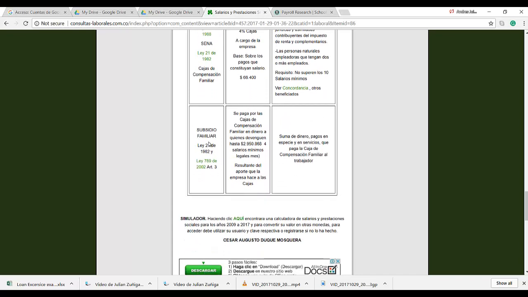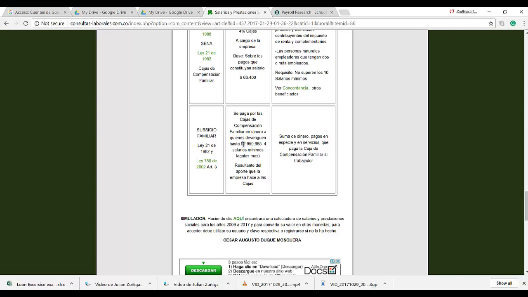The last thing is subsidio familiar. This is not paid by the employer. This is something that when people pay cajas de compensación, okay, or the government receives the money from cajas de compensación, those cajas de compensación, okay, their compensation funds will give you a subsidy, like a family subsidy, okay?